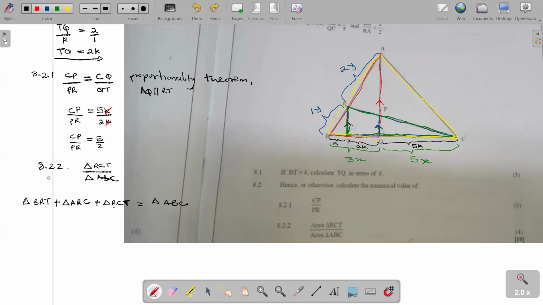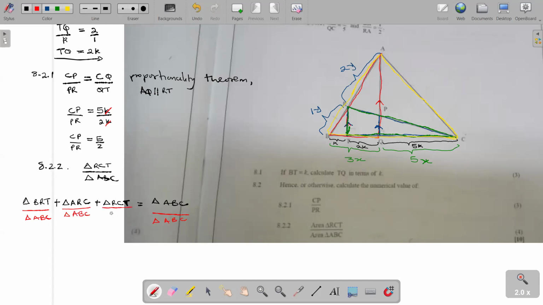So, using that, but remember we want a ratio. So to incorporate a ratio, we are going to divide throughout by the area of triangle ABC. Divide here by the area of triangle ABC. Divide here by the area of triangle ABC.